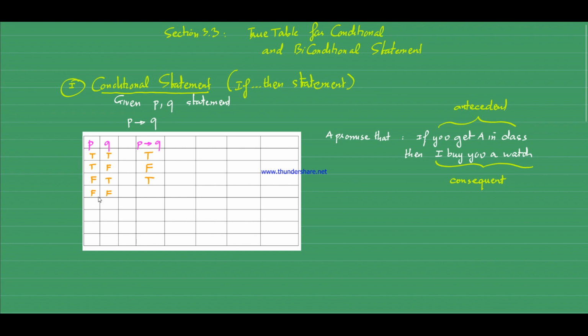This is false and false. If you don't get A, you don't get a watch, of course, so this should be true. That's logical, right? So the conditional statement over here should be true. So we're gonna have true, false, true, true.